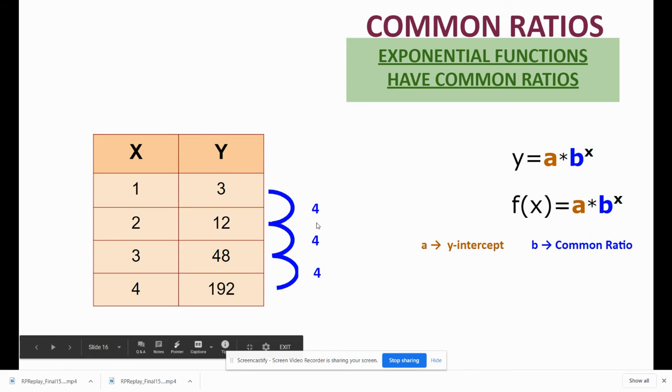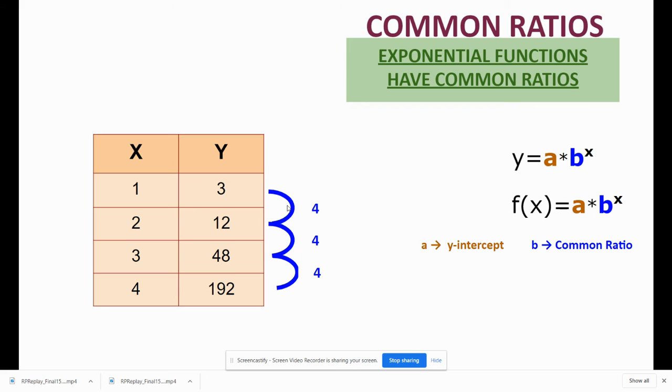Now, so we know what the common ratio is. It's 4. How do we get to the y-intercept? Well, we actually have to go back, right? And to go back to calculate that number, we have to divide the first number on the table by the common ratio. So 3 divided by 4 gives you 3/4.